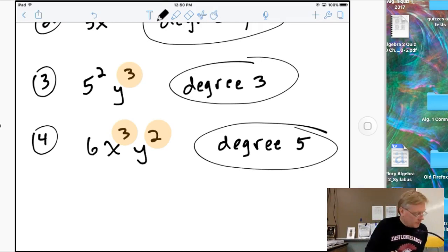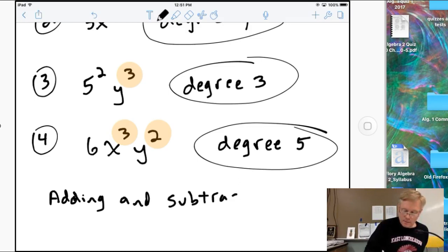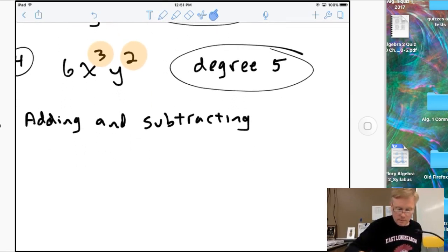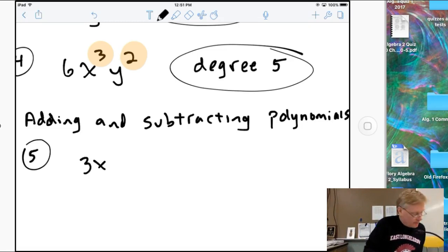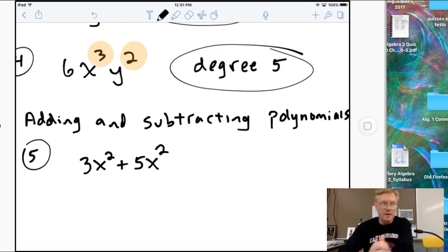And the other part I'm going to get into is about adding and subtracting monomials. Or polynomials. This is the first one, 3x squared plus 5x squared.